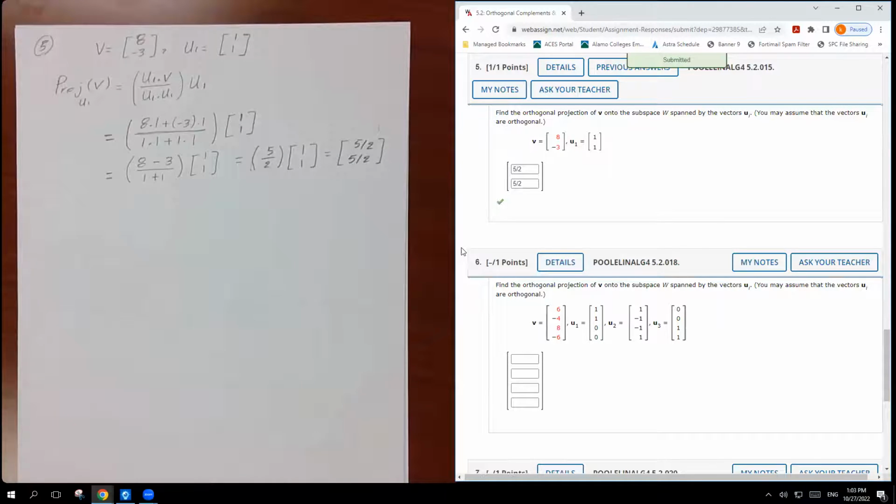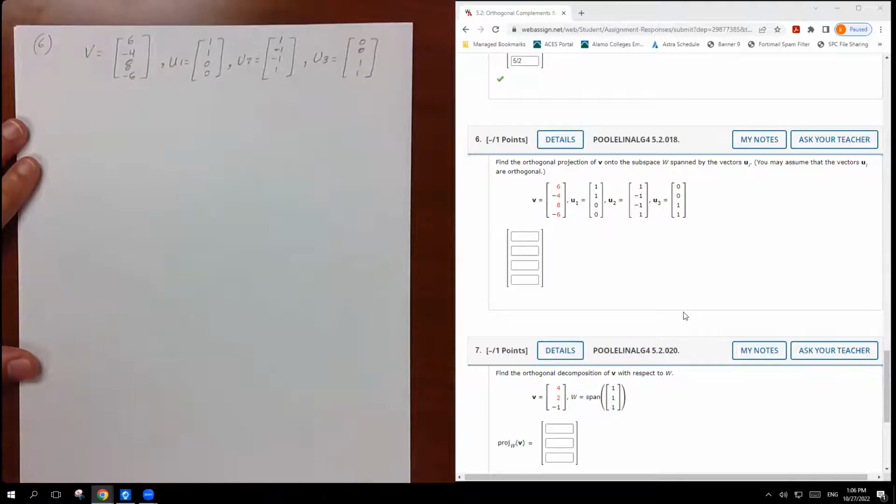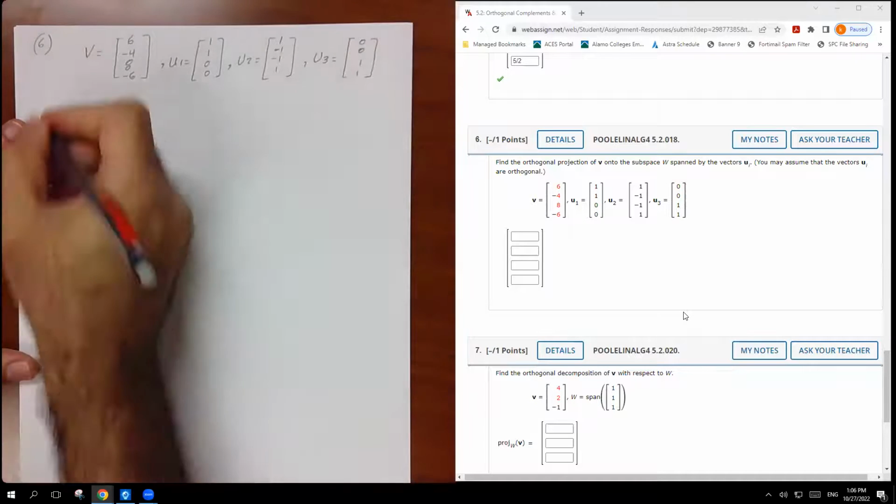The same thing, I think, with example 6. It's just to do the projection. But now we have U1, U2, and U3. So for example 6, we're going to find an orthogonal projection.